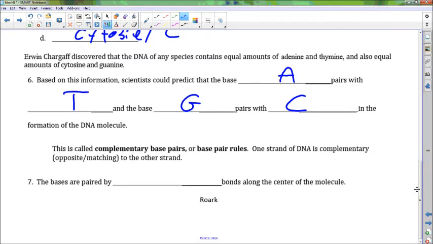One strand of DNA is complementary, and it should be opposite to the other strand. They oppose each other. I mean, they're bonded, but they oppose each other. If they were matching, it would be A with A and T with T. Okay, and then the bases are paired by what type of bonds along the center?